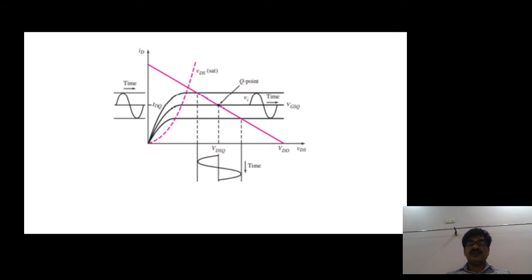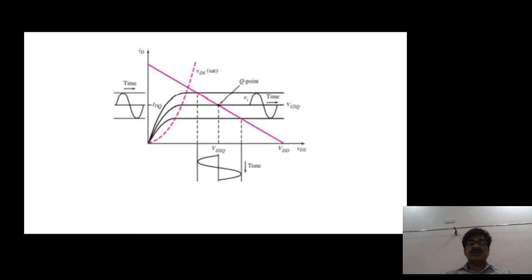Then, at the operating point, applying a signal at the gate, you can check the corresponding drain current and the corresponding VDS voltage variations. That is the graphical analysis.